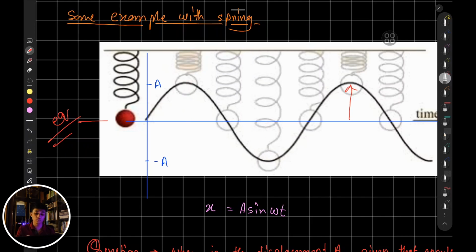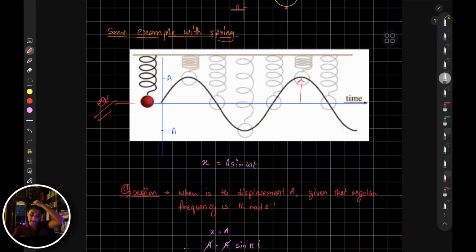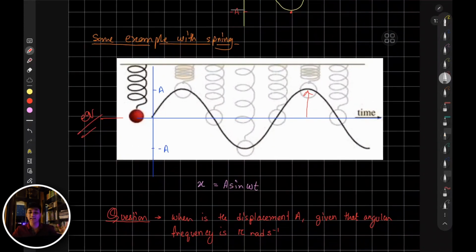Great. So we know even in this case, the displacement and acceleration are in opposite directions. Great. So this is following simple harmonic motion. And for this graph, what's the equation going to be? Is it a cos omega t or a sine omega t? It's a sine curve, you can already see it, so it's going to be a sine omega t.